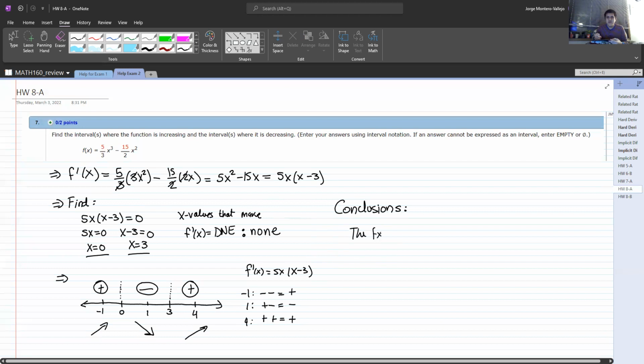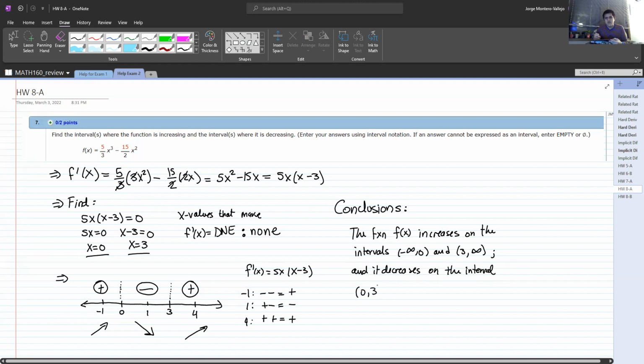The function f of x increases on the intervals, because there are 2 of them, negative infinity to 0 and 3 to positive infinity. And it decreases on the interval 0 to 3, right? And that's it.